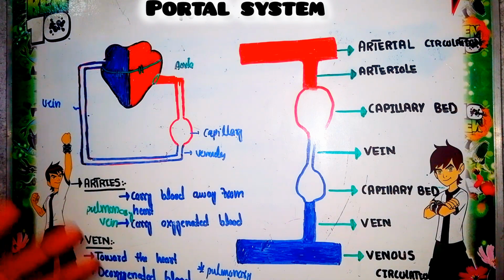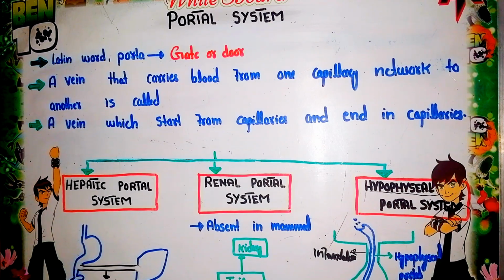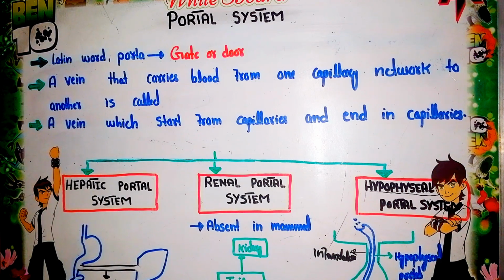Such a vein is called a portal vein, and it forms a system that we call the portal system. Now let's come to what the term portal means. The term portal is derived from a Latin word, porta. Porta means gate or door, because this vein or system acts as a gate or door between the two capillary beds.